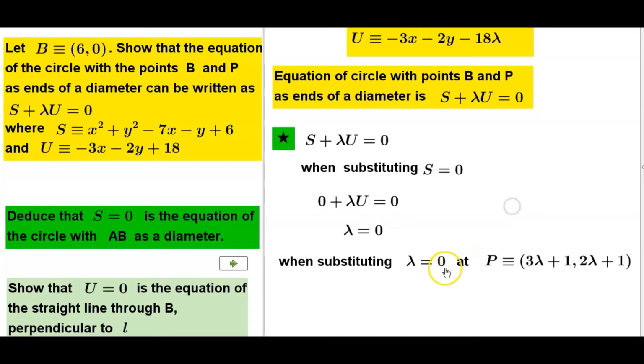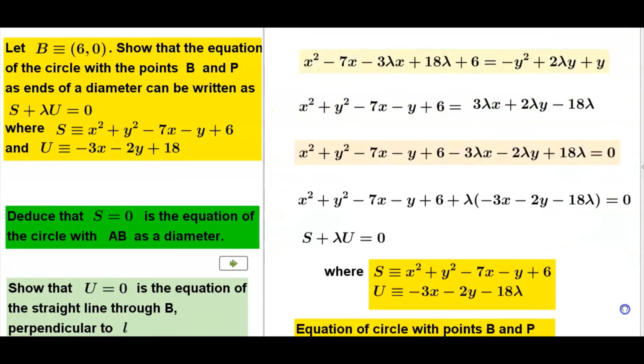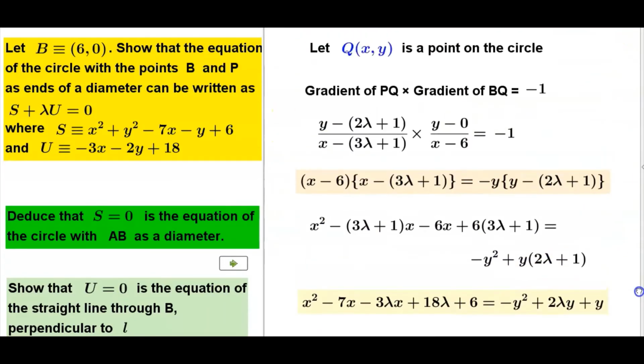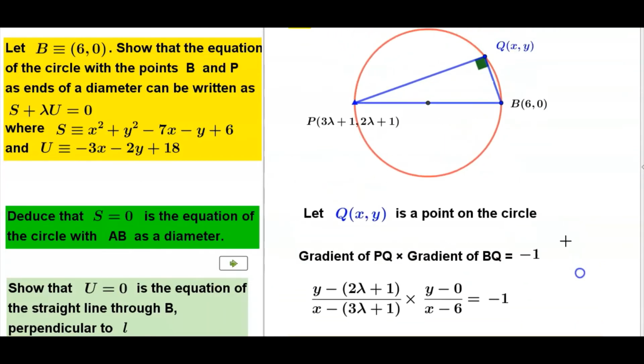When substituting lambda equal to 0 at point P, the coordinates of P are (3 lambda plus 1, 2 lambda plus 1), so the point P becomes (1, 1).